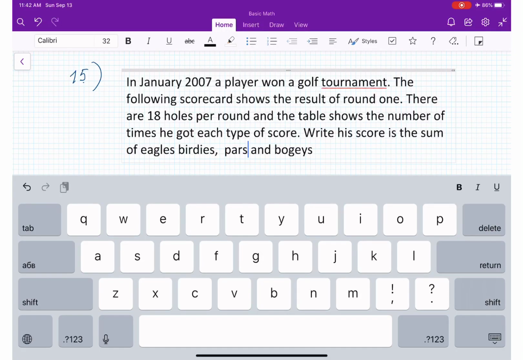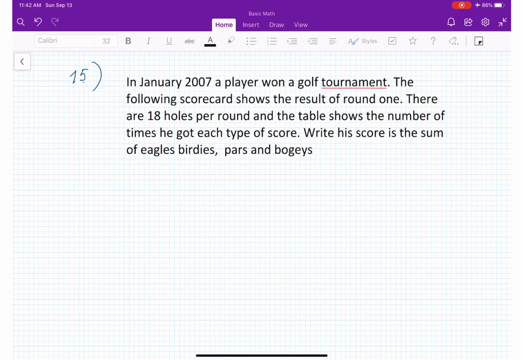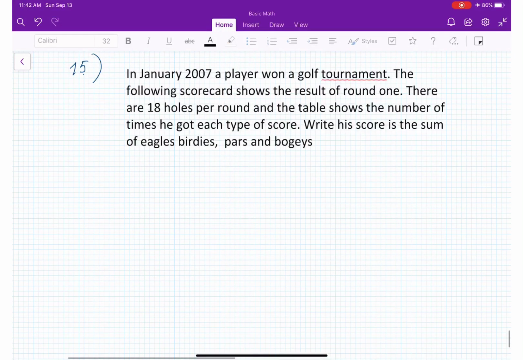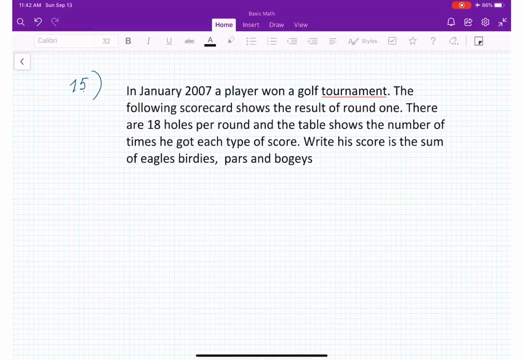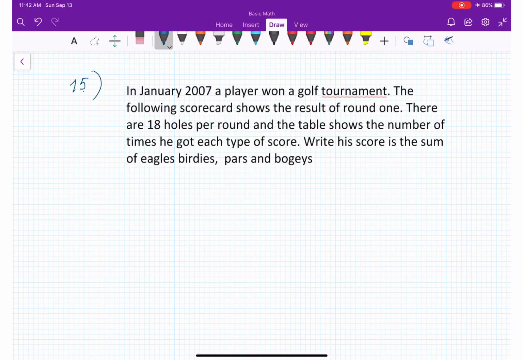So, what do we have? For eagle, the score on the hole is -2. The number of times the score occurred, it was twice.